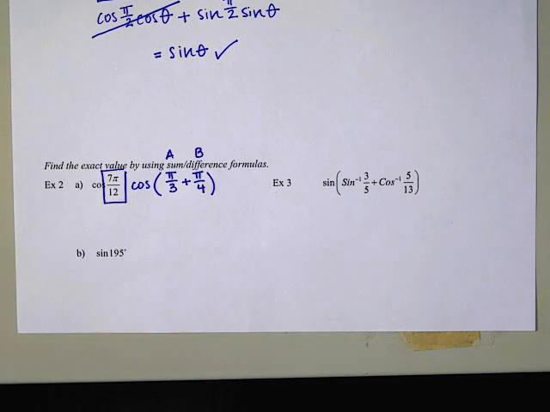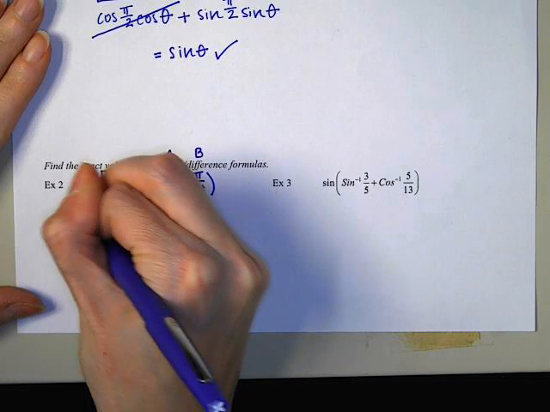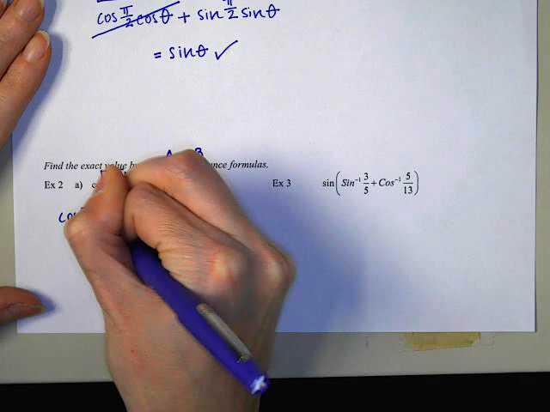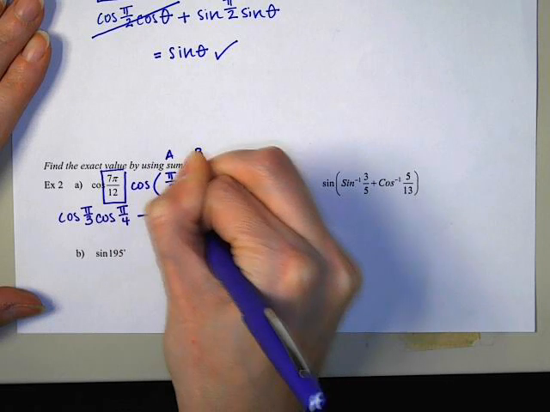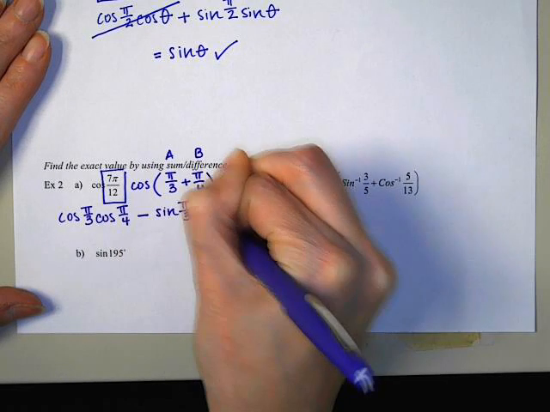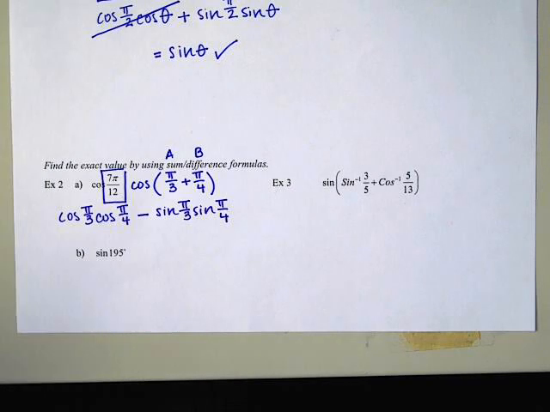Okay, so back up to the top. Cosine A plus B is cosine A cosine B minus sine A sine B. Cosine, cosine, sine, sine. Opposite. And then just use your unit circle.